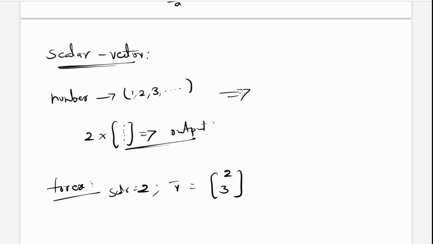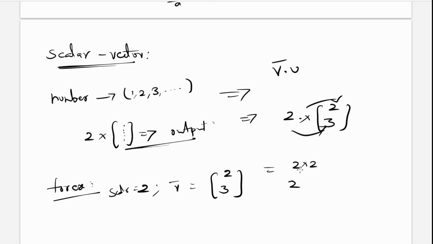We simply multiply the scalar with both components, so we get 2 into 2 and 2 into 3, which is 4 and 6. This is our scalar vector multiplication answer.